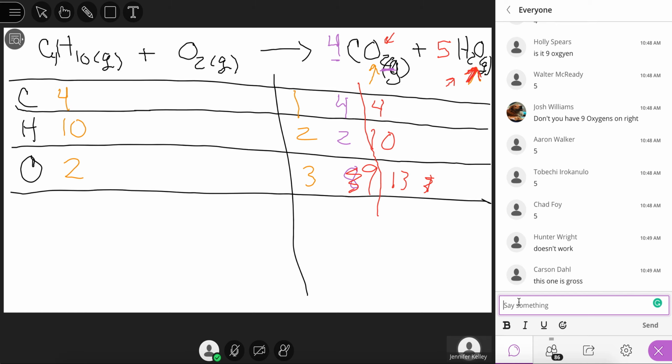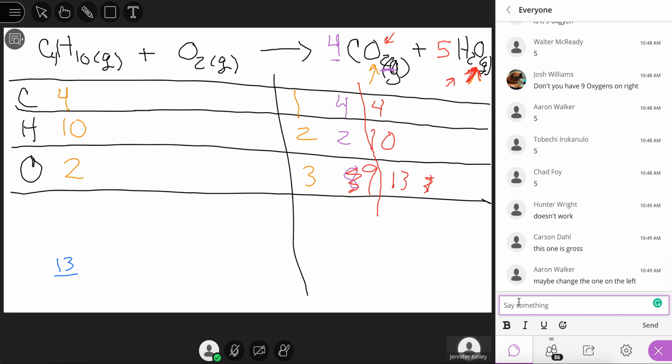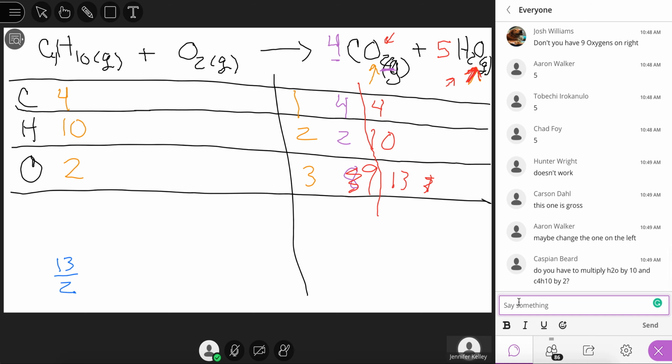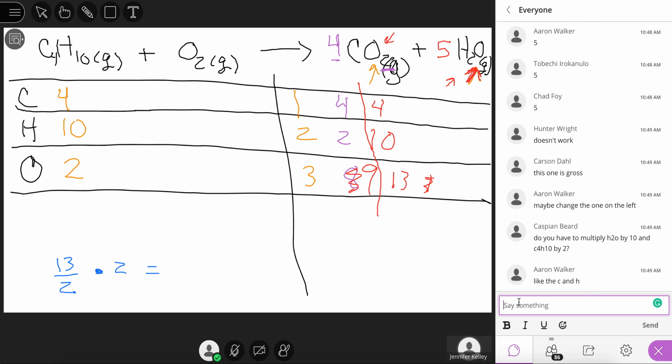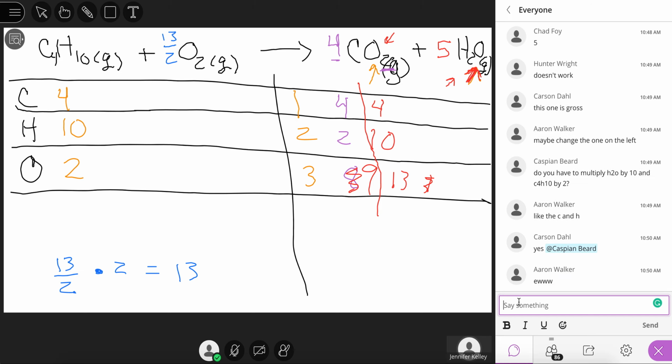So if I have 13 over 2, and I multiply it by 2, that equals 13, right? So in this case, we're going to temporarily use a fraction. I'm going to do 13 over 2.